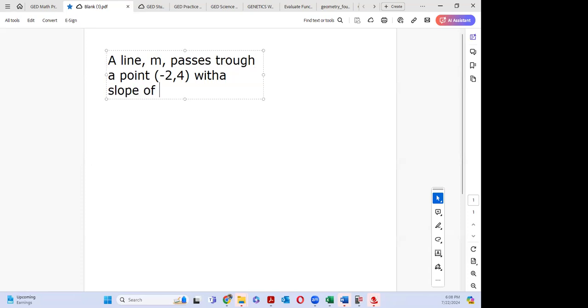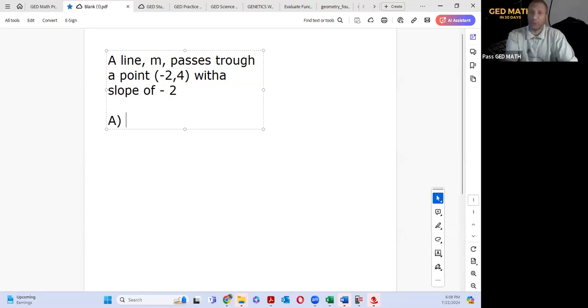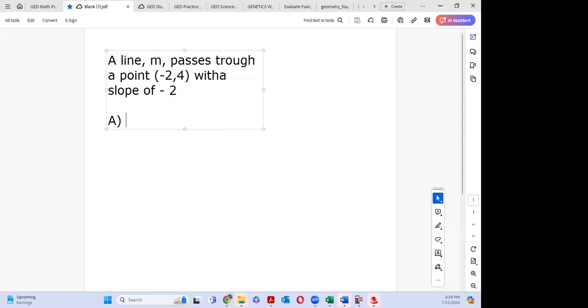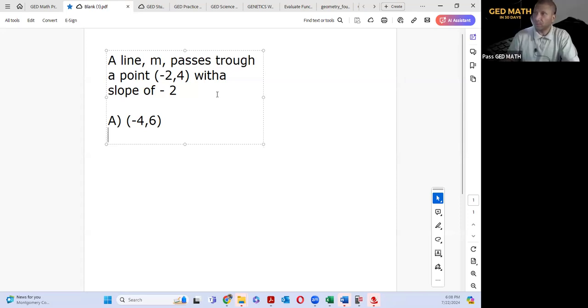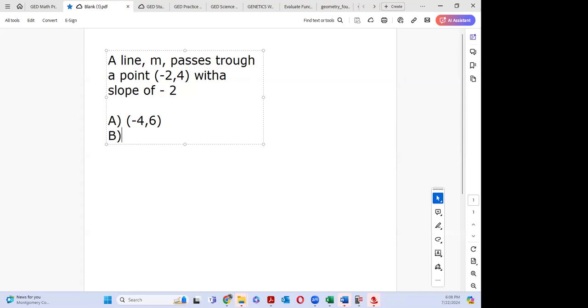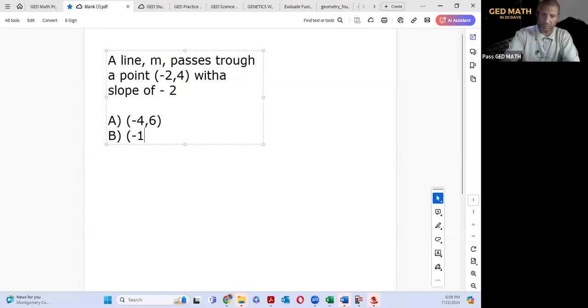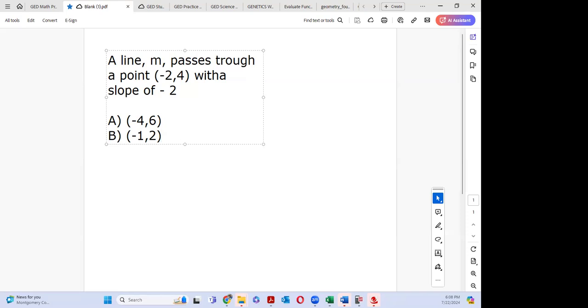Which of the following points also lie on the line M? I have the multiple choice answers. A is 0, -4 6. B is -1, comma 2. Hold on, I was reading.